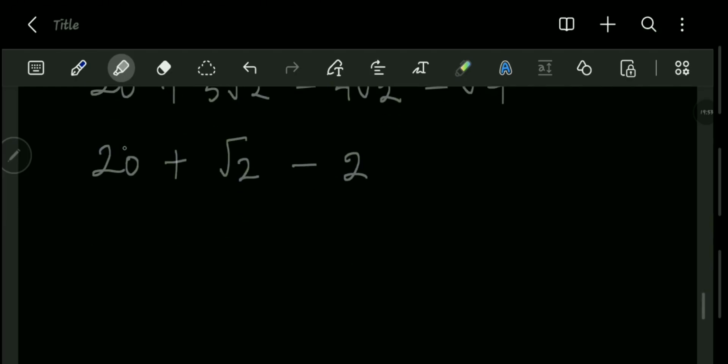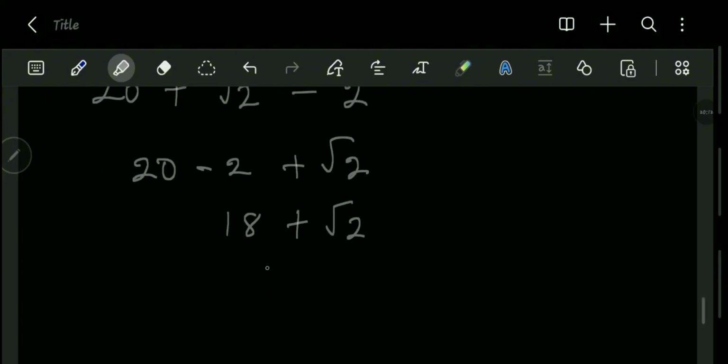So I have like terms 20 and minus 2. They are like terms because they are whole numbers, right? So I can just say 20 minus 2, then plus 2, right? So 20 minus 2 is 18 plus 2. So this is the answer to this particular problem, right?